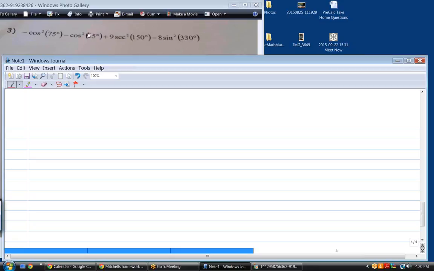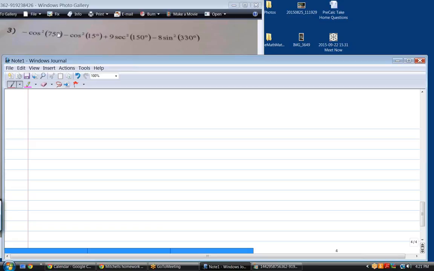In other words, if I wasn't looking at this or this, and I was just looking at this part here, what angle would I be trying to turn everything into? 30. Yeah. Okay. Now, how does that relate to these two? It doesn't, but I'll show you what happens.